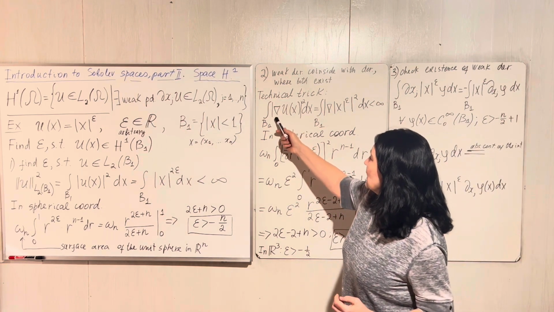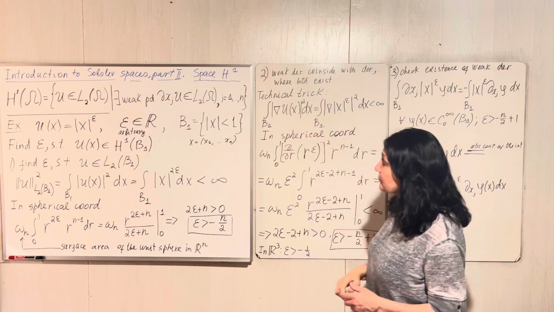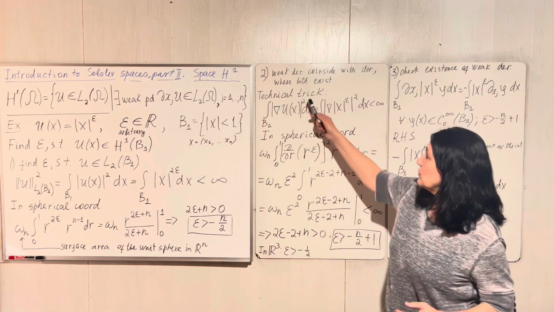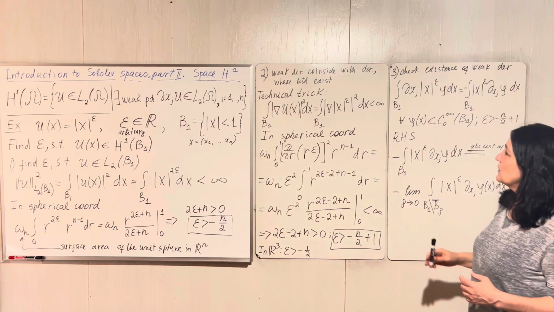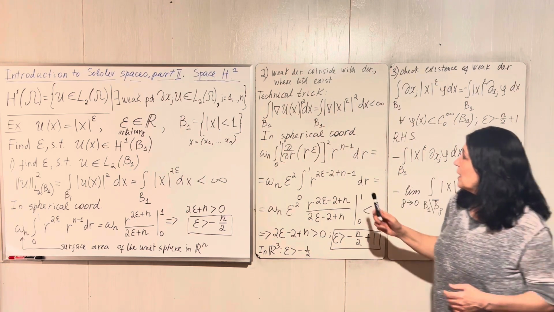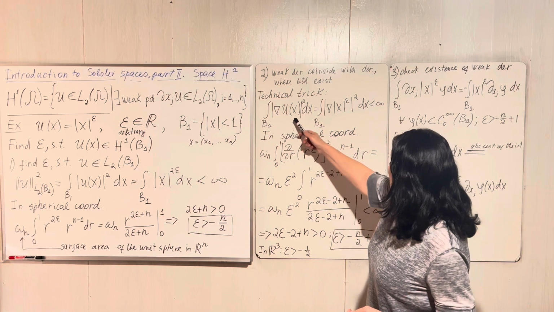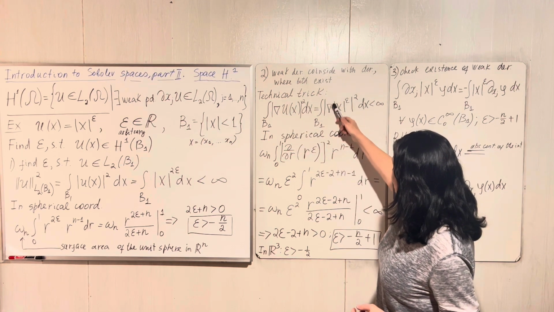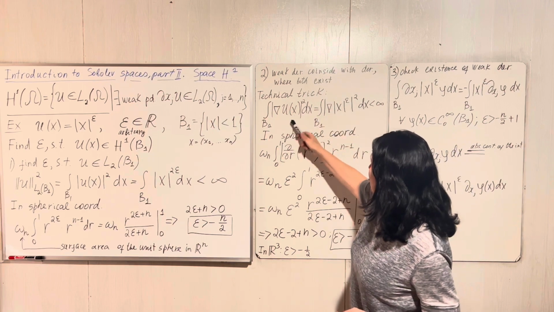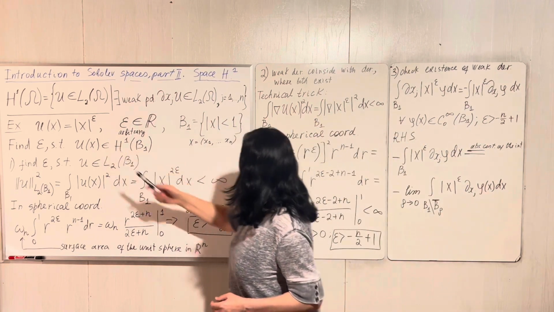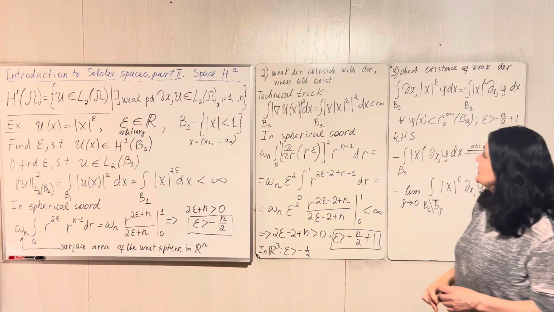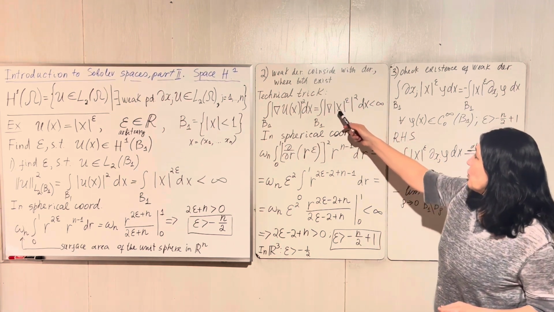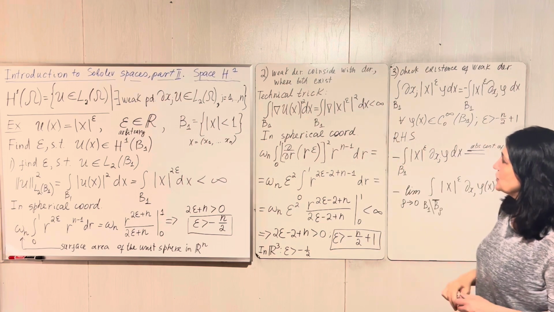So we will compute the gradient of this function, and we will show that this integral converges. Then we will have this expression if we replace u with our function, and we want to find epsilon for which this integral converges.